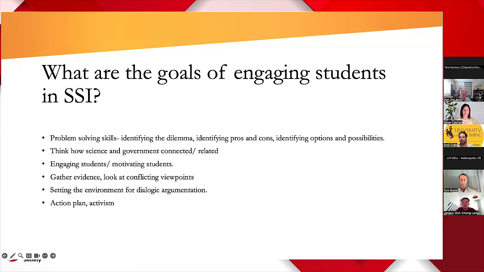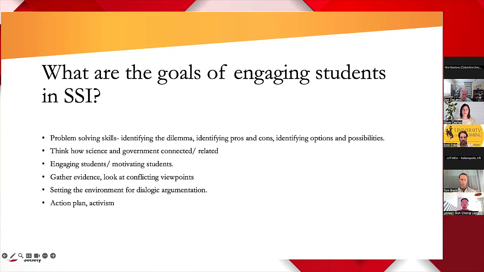As such, I would encourage you to think about integrating socio-scientific issues as a spectrum. At one end of the spectrum would be an action plan or a call for activism.